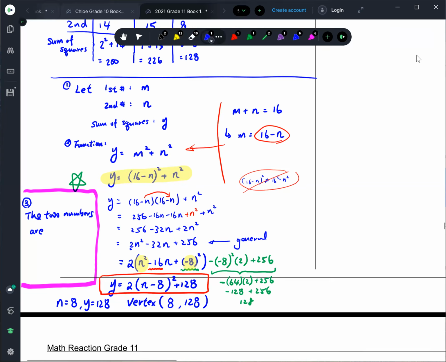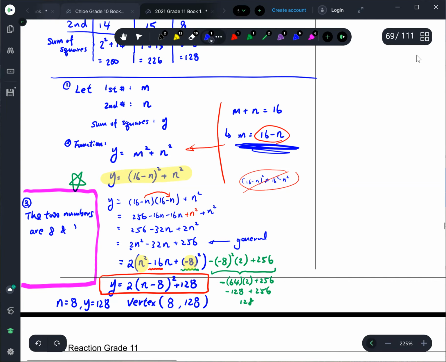We found out it's 8. And then if you want to get the first number, you look at it on the side. M, which is the first number, is 16 minus n. So 16 minus 8 is also 8. So the two numbers are 8 and 8.